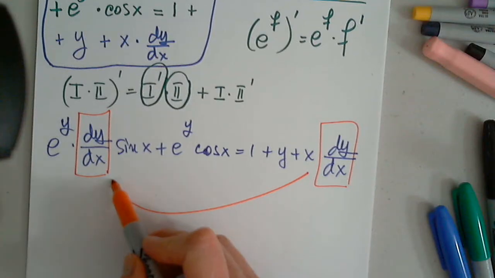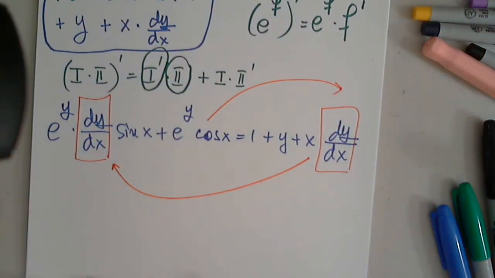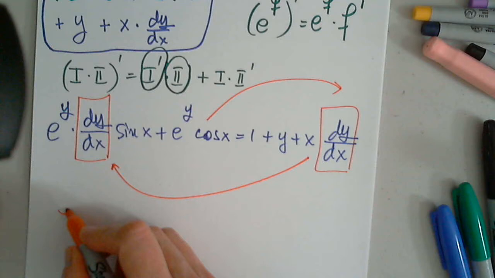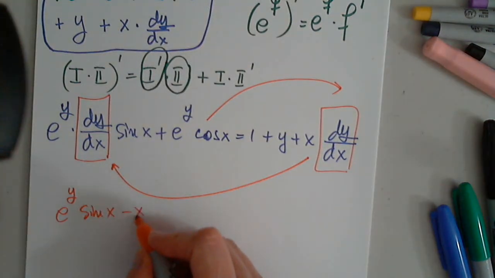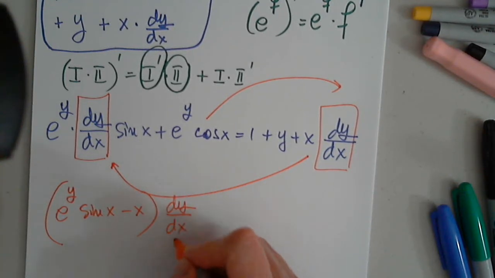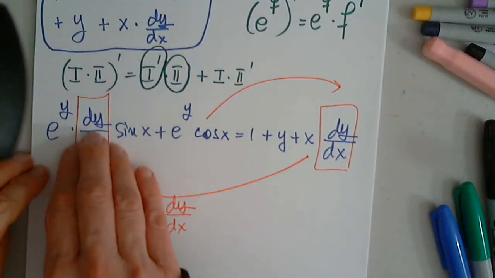I'm going to move this term next to this one, and I'm going to move this term to the other side. When I move this term, because I'm lazy and I don't want to write all this again, I will already factor out e to the y sine x minus x, everything times dy over dx. So this becomes negative when I move it.